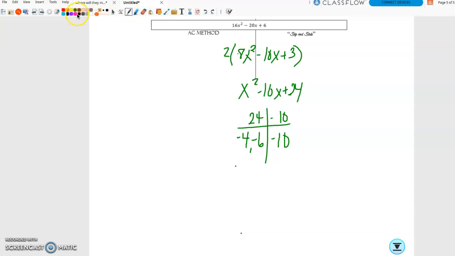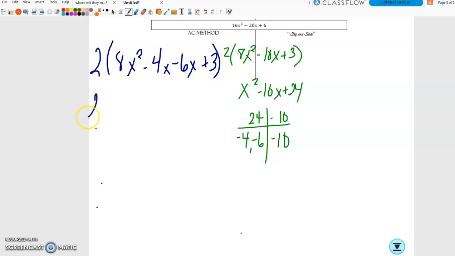Alright, now let's jump into the AC method. We're going to keep the 2 on the outside, and so that will be 8x squared minus 4x minus 6x plus 3.